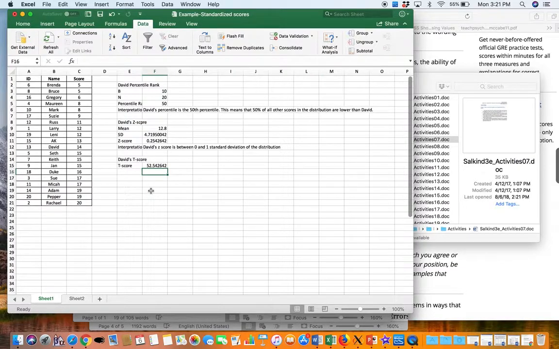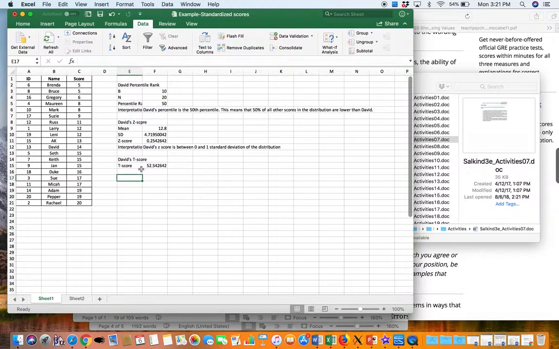So again, it may give you more, depending on what numbers you like. Some people don't like to see negative values when you're talking about score comparison, so they may not want the z-score, especially if your score is below the mean. For a t-score, you are never going to have a negative, because if your score is lower than the mean, it's going to be less than 50. So you'll never go below 0.